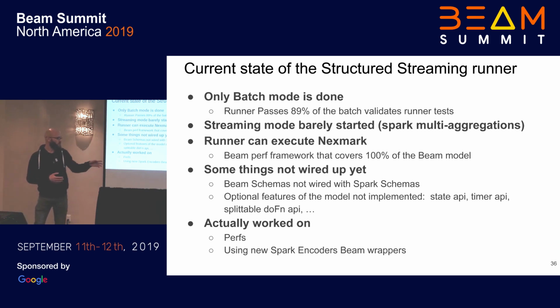The focus of our work today is performance, and also because they are quite new, the new Spark encoders are not called already. It's called at some places in the runner, but not yet in all the translations.